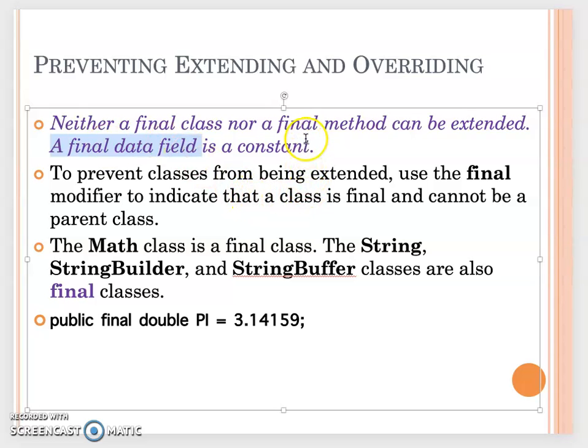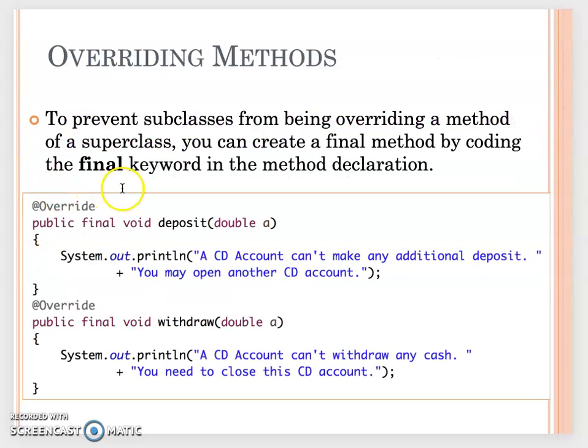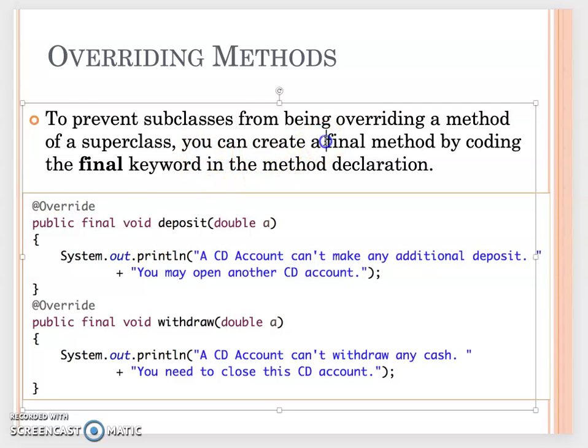Then, we can also specify final on a method. If the method is final, that means it prevents a subclass from overriding a method of a superclass. In order to do that, you create a final method by coding the final keyword. That's how it looks.